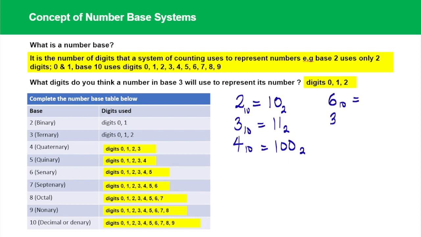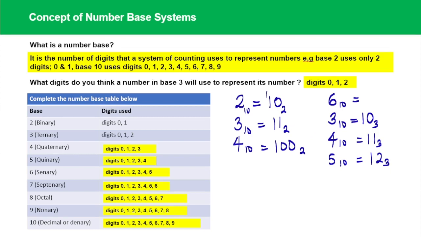Similarly, suppose I want to write 3 base 10 in base 3, that will be 1, 0, base 3. 4 base 10 in base 3, that will be 1, 1, base 3. 5 base 10 in base 3, that will be 1, 2, base 3.